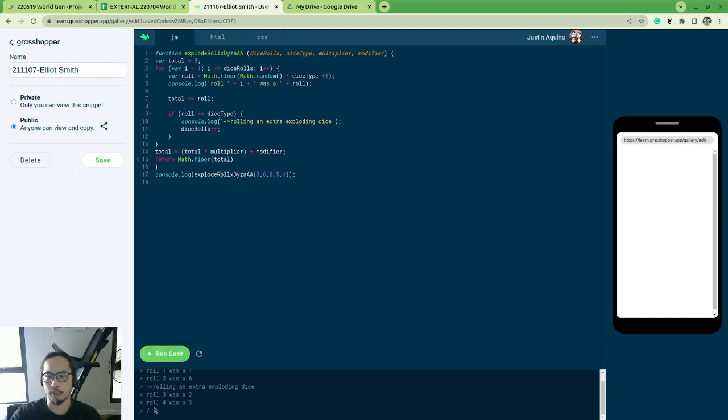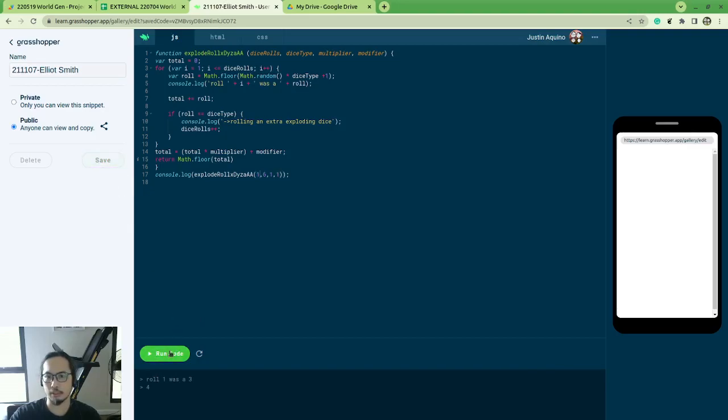Okay, rolls greater than 6. So this is dice rolls times 6. Oh, it's divided by 0.5. Okay. Let's just have 1d6. Let's test it again.